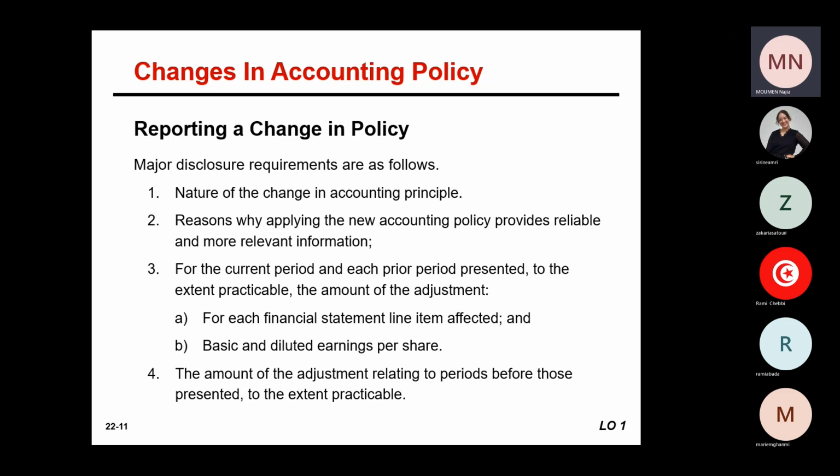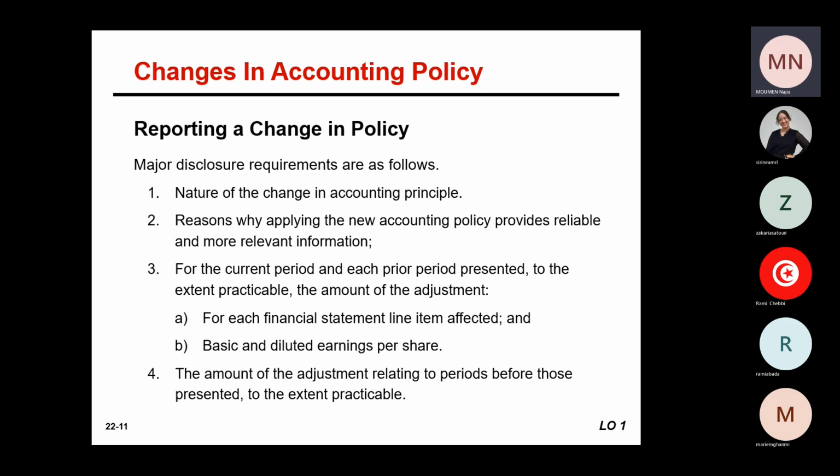And then, of course, for the current period, in this example 2019, and each prior period presented, for example 2017, 2018 in the prior example, to the extent practicable. So the practicability issue is also important. What if it is possible for you to present information about prior periods for 2 or 3 years, or only one period?